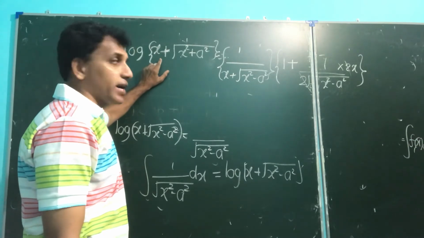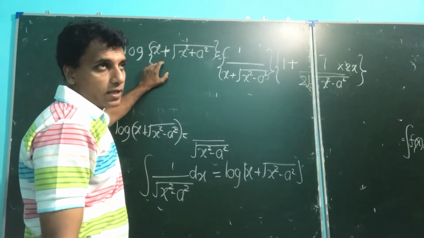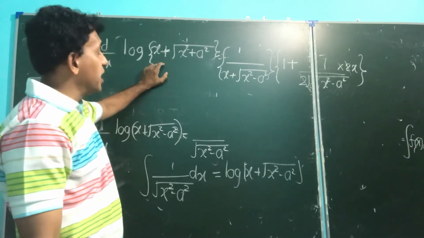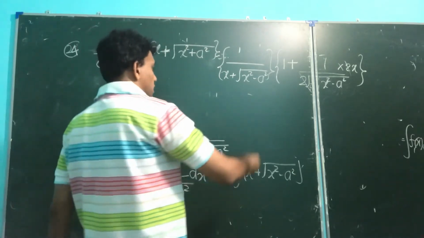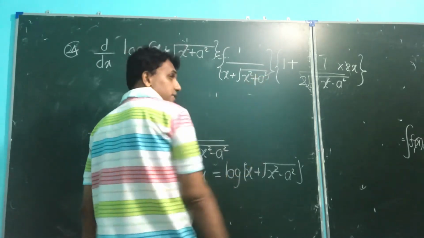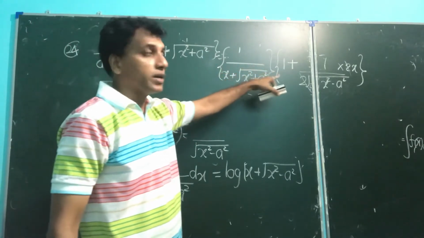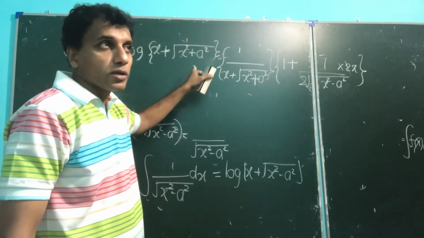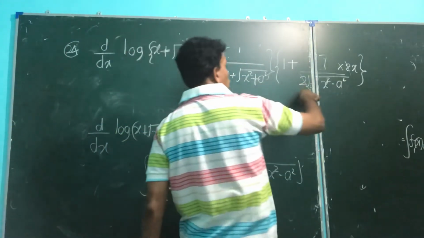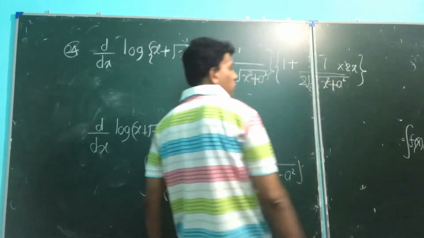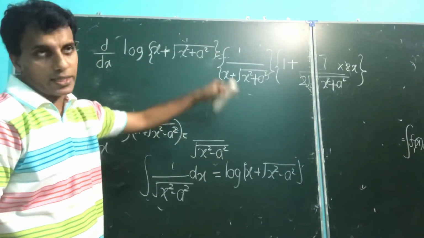Logarithm differentiation is 1 over, write that. Hereafter the inner function x differentiation, here they have plus here and plus here, right? Here plus. Hereafter the inner function x is 1, square root differentiation is 1 over 2 times square root, then x square differentiation is 2x.